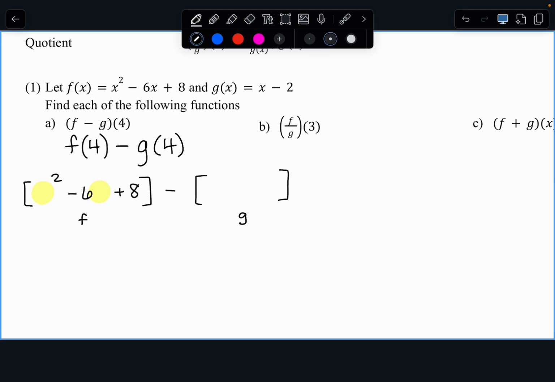And then in g, I have stuff minus 2. Are we okay with that step? I just replaced the x's with highlights.